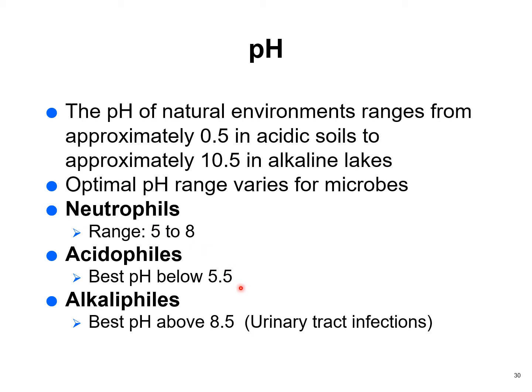Acidophiles below 5.5, alkalophiles above 8.5. Now urinary tract infections just love alkaline urine, and it greatly increases the chance of urinary tract infections. And in fact, those bacterium actually will alkalinize the urine more, making it a better environment for itself.